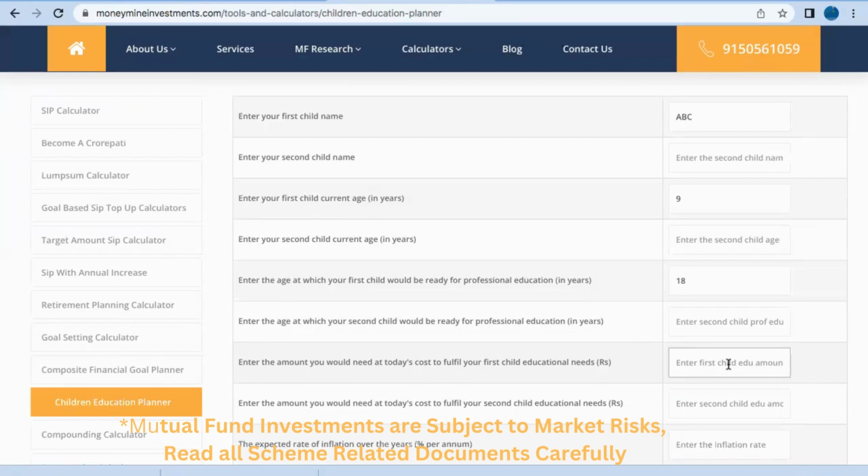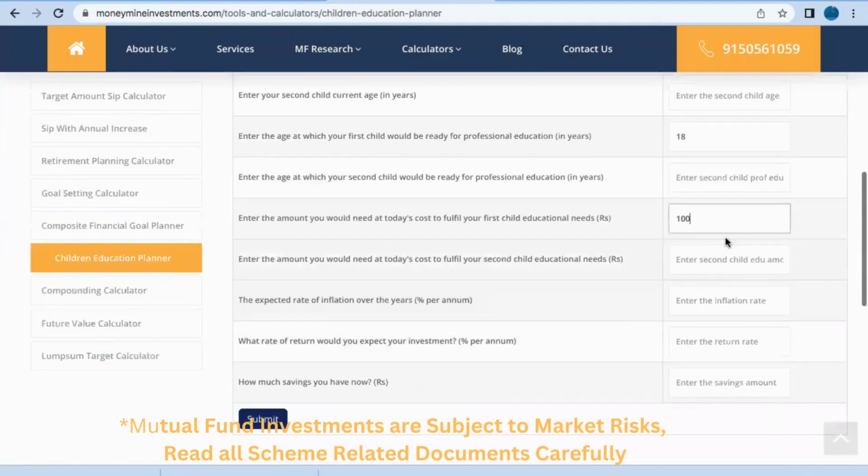You can apply the real number, but now I am assuming 100 rupees, because this series is the Power of 100. Whatever we compute for 100 rupees, we are considering as 100%, so it will be easy to understand.